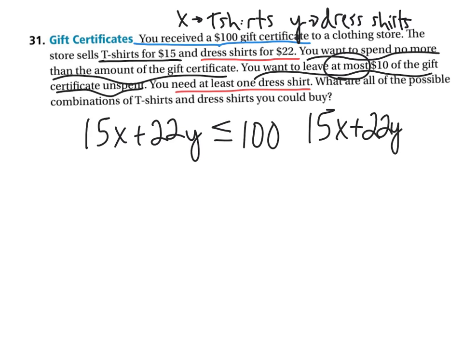So also 15x plus 22y is greater than or equal to 90. Another inequality is we need at least one dress shirt. So y is our dress shirt. y is greater than or equal to 1.